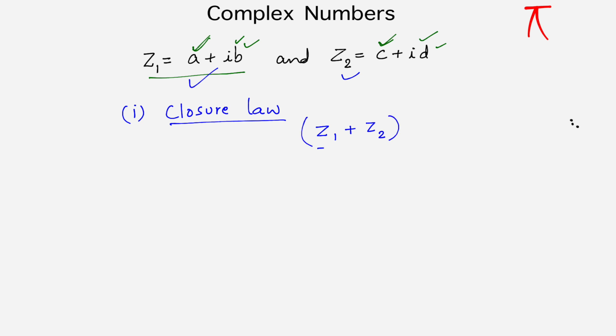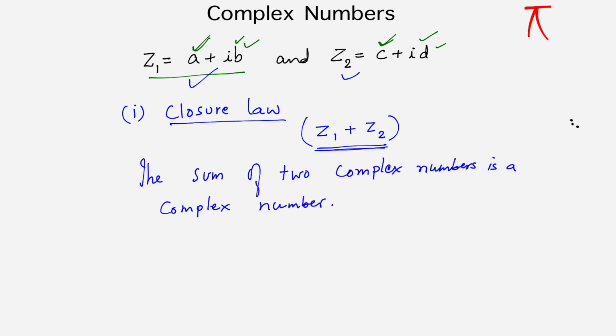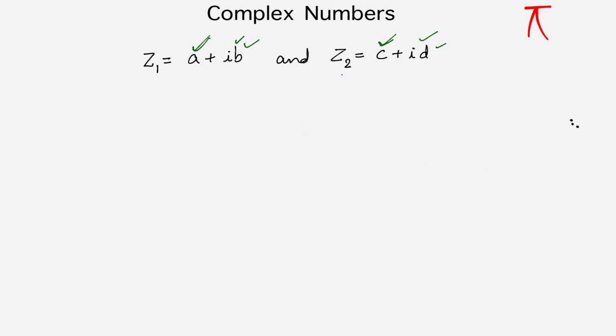So this is also a complex number. So the sum of two complex numbers is a complex number. That is called the closure property. Or we can say Z1 plus Z2 is a complex number if Z1 is a complex number and Z2 is a complex number.